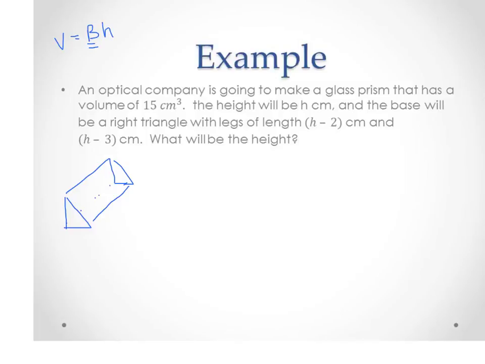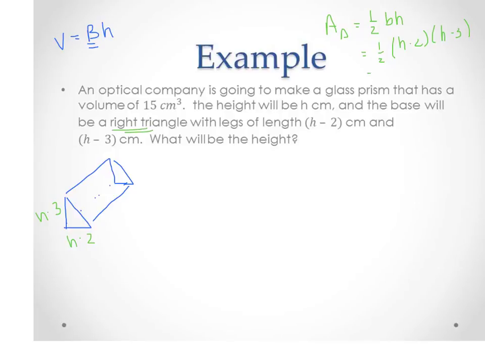So if I can find the base area and I know the volume, I can solve for height. So the base area is just going to be the area of a triangle. Well, the area of a triangle, 1/2 base times height. So we're looking at 1/2 times the base. Let's call the base h minus 2, and let's call the height h minus 3, because if it's giving us the two legs, it's given us a base and a height because it's a right triangle.